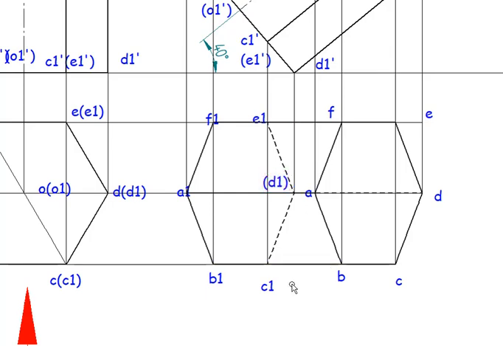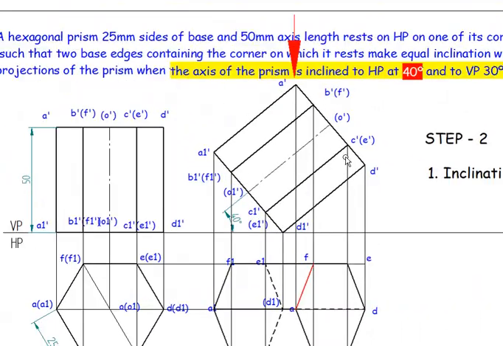Now in the same way for C1, the second farthest point, below this axis line, so this is above this axis point. So the top face is seen.